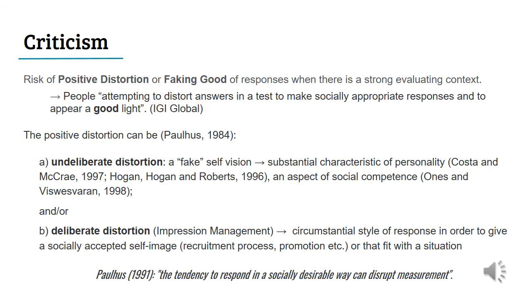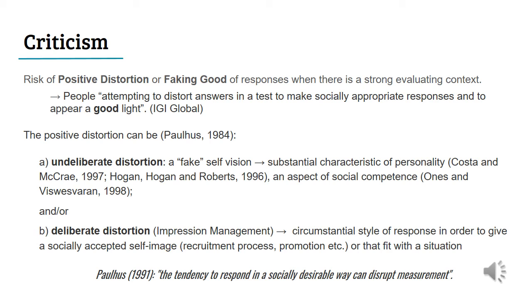So as a conclusion, I will also talk about the risk of personality tests. Mostly when you only do a self-evaluation and don't compare with a peer one, sometimes you can have what we call positive distortion. That means that you are faking good, so you are trying to show yourself in a better light than you really are. We can consider two types of this positive distortion.